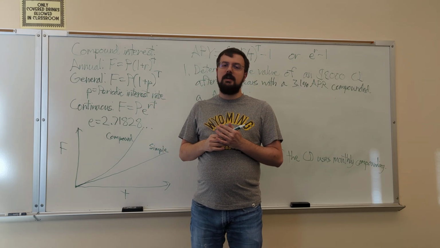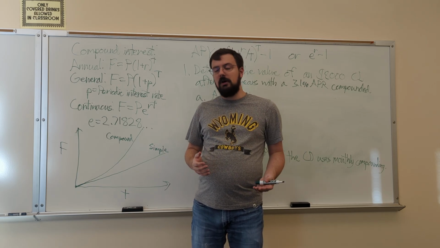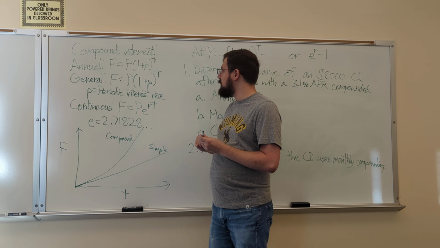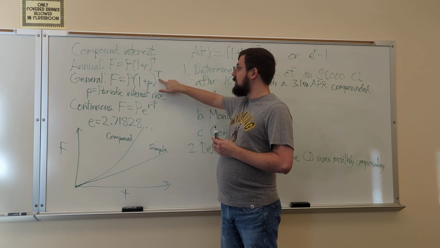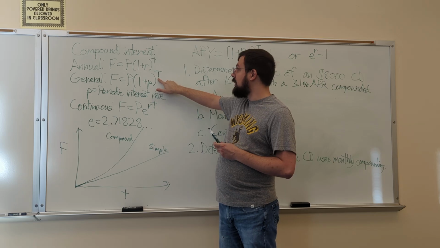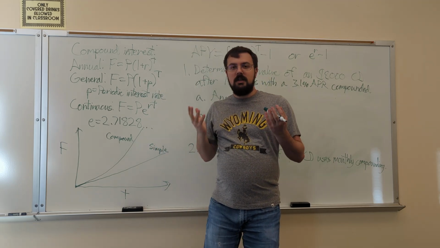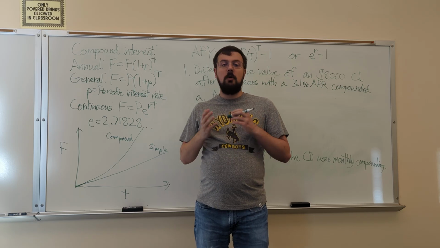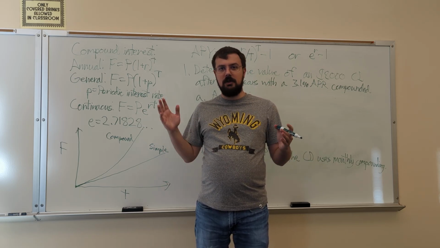If we're compounding monthly, it's our APR divided by 12, and so forth. And notice that instead of the lowercase t in the exponent, we have an uppercase T. Uppercase T in this case represents the total number of times that compounding occurs over the entirety of the term.